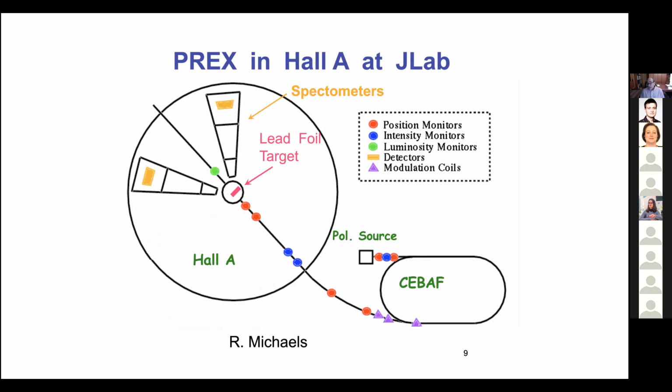Great, so let me start with the PREX experiment. This experiment involves almost all of Jefferson Laboratory in Virginia: an intense polarized electron source, many beam monitors to control systematic errors, the electron accelerator itself, and an isotopically enriched lead-208 target, and then the scattered electrons are collected in two large high-resolution spectrometers.